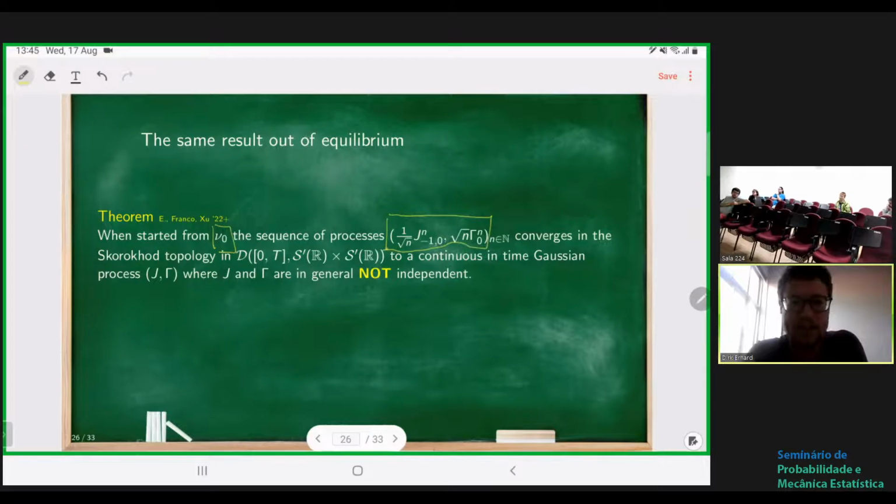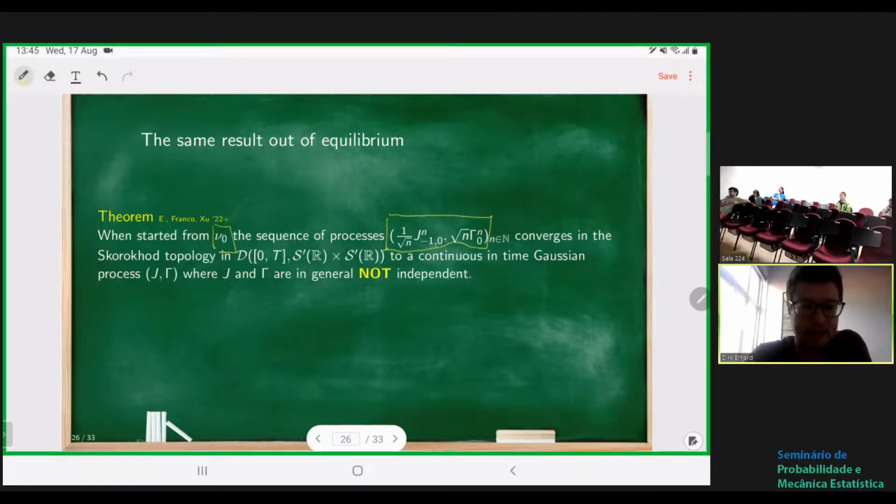And as I said earlier, this was an issue already in equilibrium. It turns out that the equilibrium proof is very much based on looking at the process at equilibrium. It seems impossible to generalize it. So you really need to make your hands dirty and try to get a handle on higher moments to get tightness.